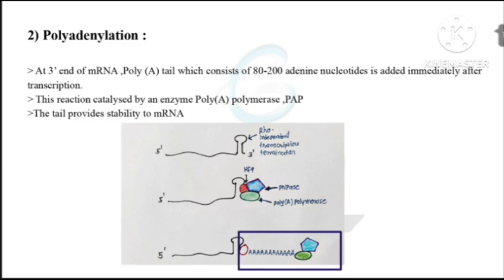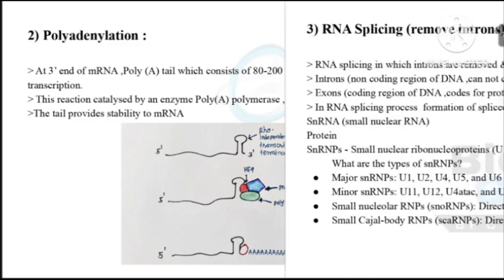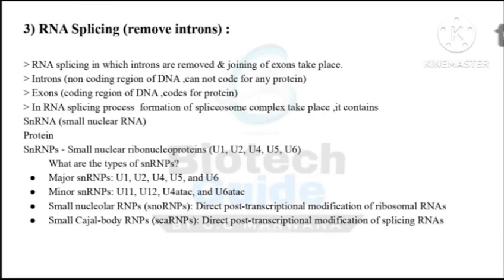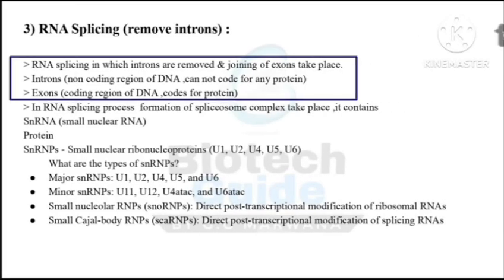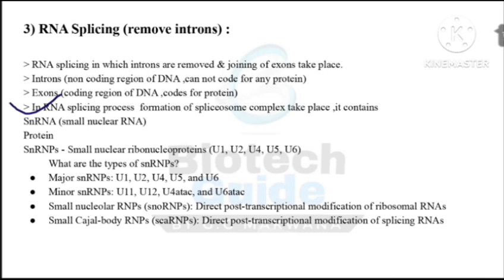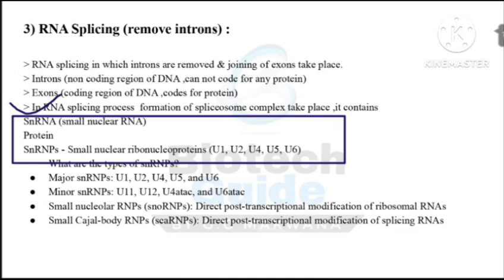Now the most important, RNA splicing, happens after the polyadenylation process, where introns are removed. Introns are the non-coding region, and exons, the coding region, are joined together. Here another structure is formed, defined as the spliceosome complex. This spliceosome complex contains snRNA, small nuclear RNA, proteins and snRNPs.